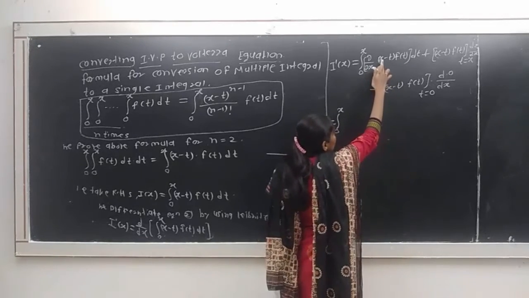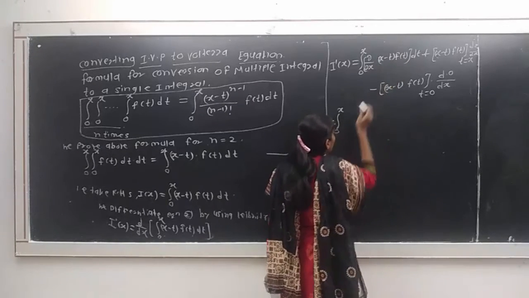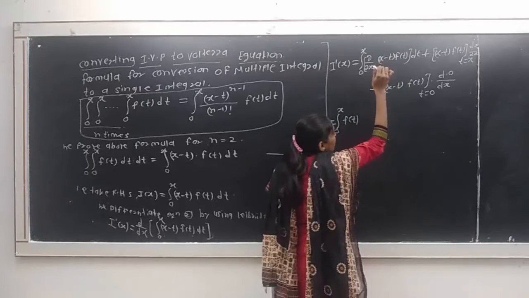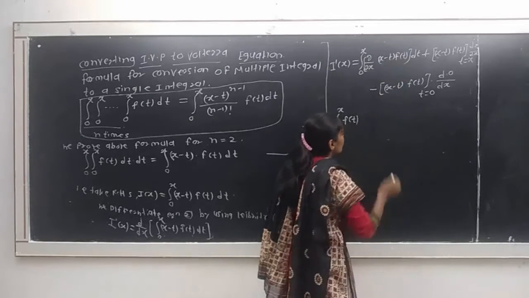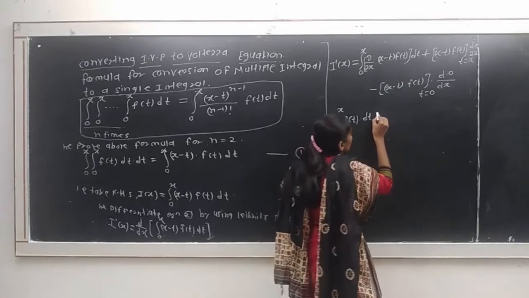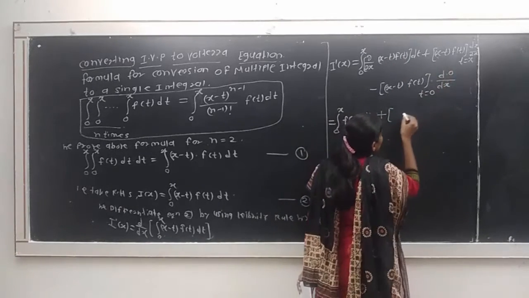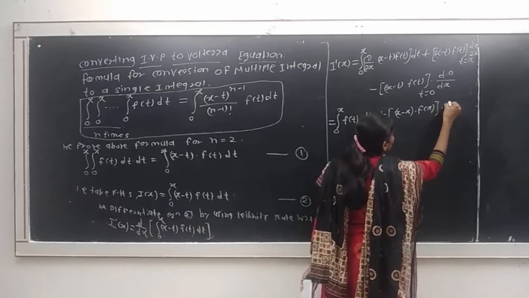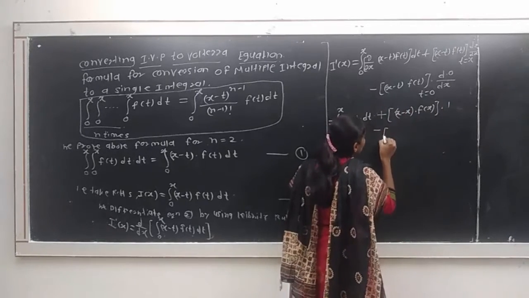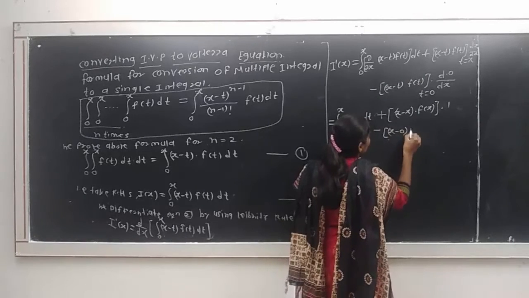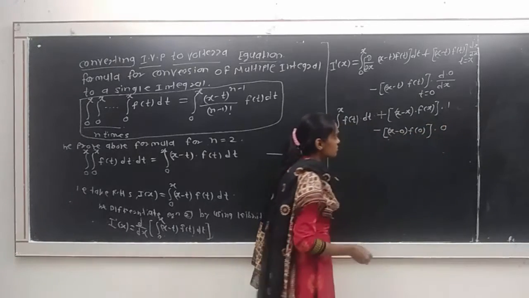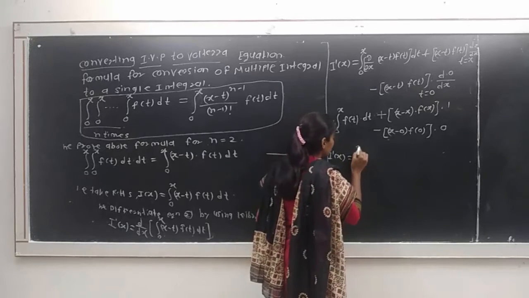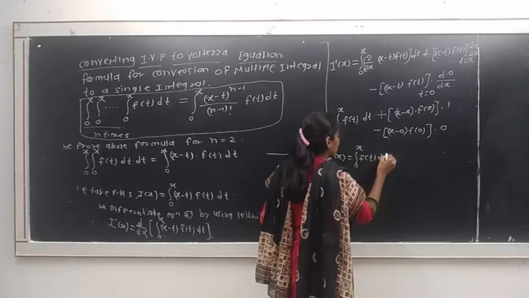We get the derivative of x with respect to x is 1, into f of t, and t with respect to x is constant, therefore the derivative is 0, and 0 into f of t is 0, that is only remaining into dt, plus if we put here t equal to x, we get (x minus x) into f of x, derivative is 1, minus (x minus 0) into f of 0, derivative will be 0, that is we get I dash of x is equal to integration from 0 to x f of t dt.